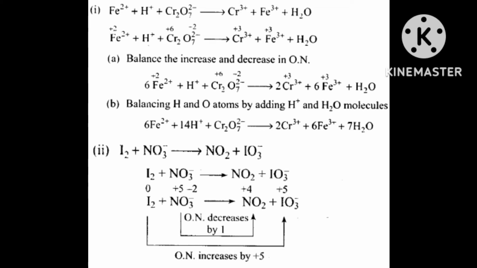All atoms on the reactant side and product side must be balanced, so you change the coefficients to balance the atoms on the left side and right side.